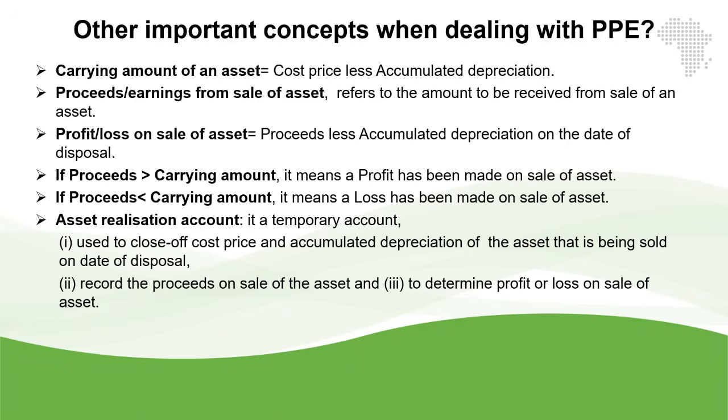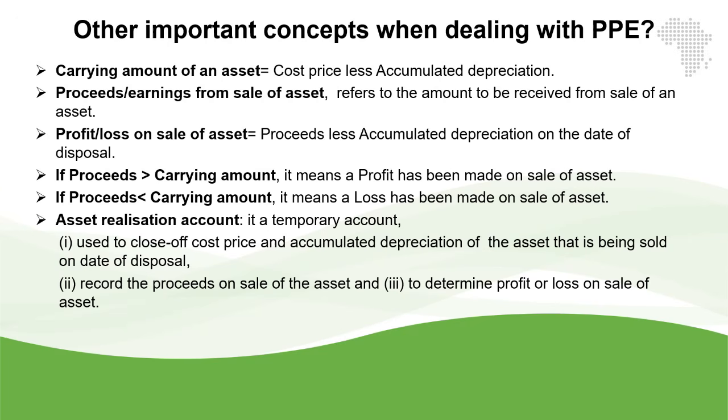If proceeds are greater than your carrying amount, for example, if you sell an asset for 15,000, that will be your proceeds, but your carrying amount was 10,000, it means you have made a profit on the sale of that asset.